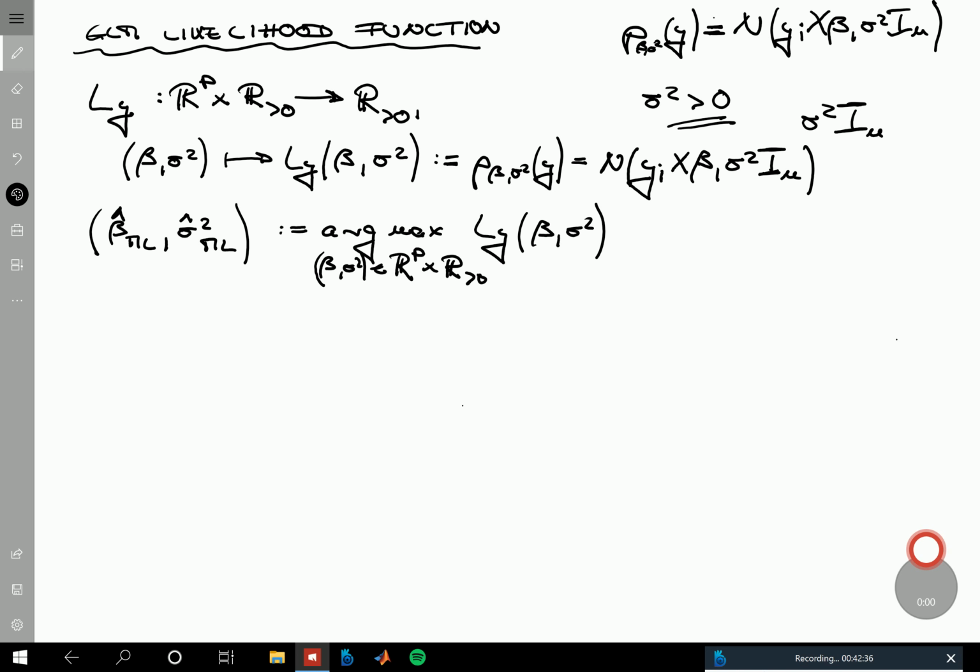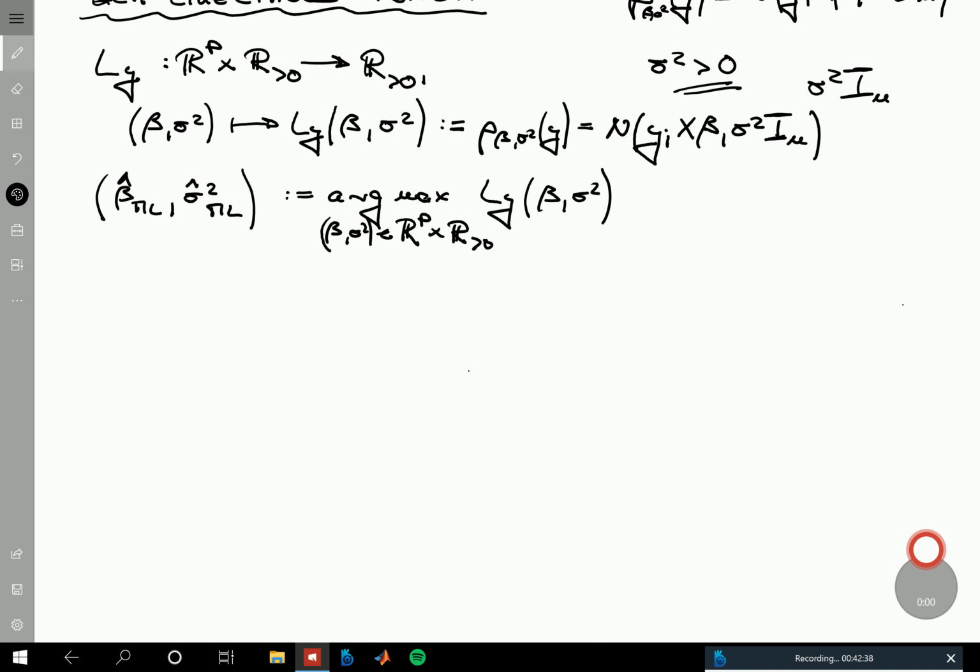So this is what we want, and as I also explained earlier, we do this in terms of the log. One thing that it definitely makes easier is that here we have the exponential function in the Gaussian, and if we apply the log to that, we get rid of the exponential, which is good because then things get simpler.